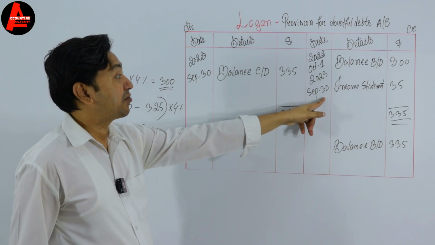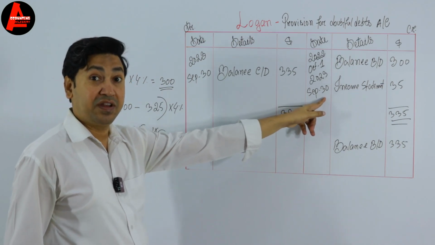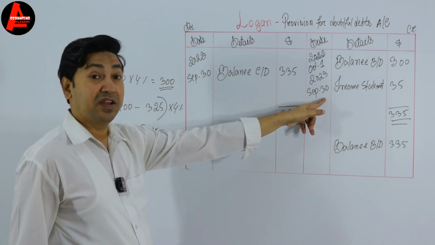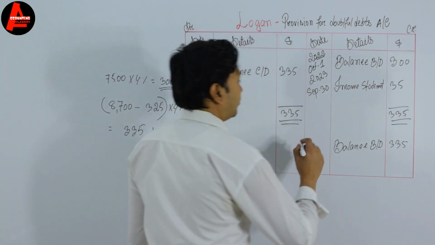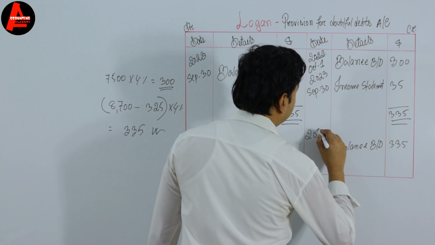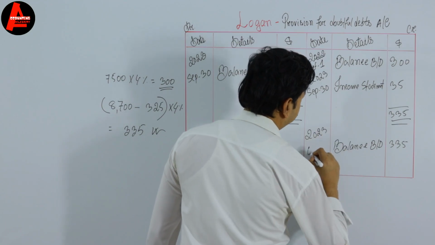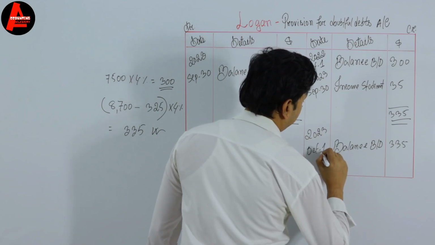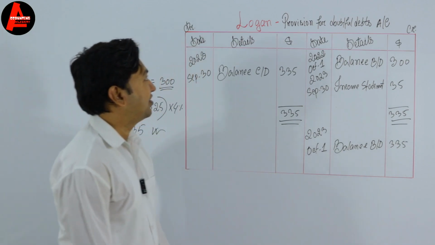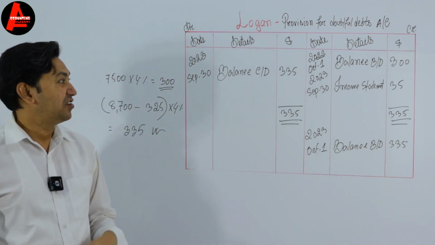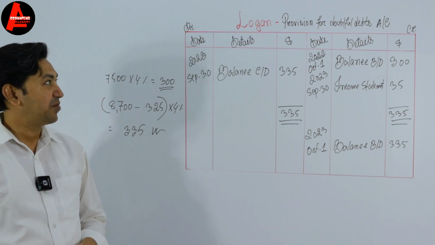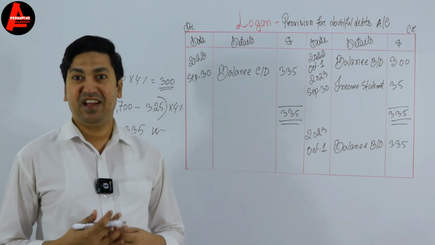We ended the financial period on 30 September, and the new one starts just after that, which means 1st October. So we write 2023 October first. So simple, right? But you have to understand. This is how you need to prepare the provision for doubtful debts account.